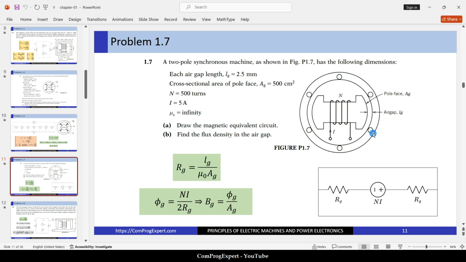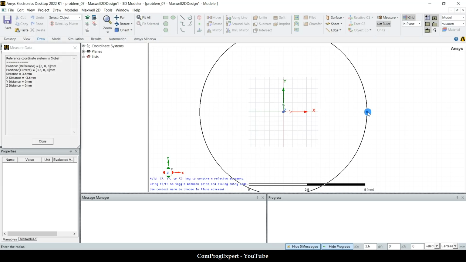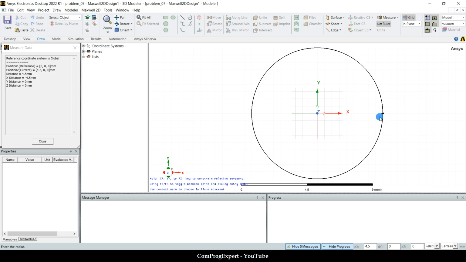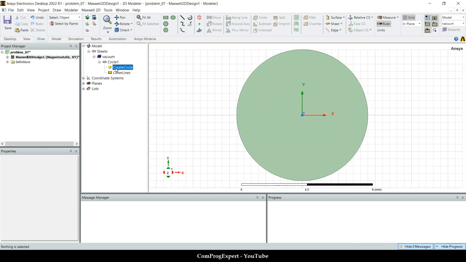Okay, here you can see the field winding is visualized here. So I can draw one circle first, like this. So the radius of this circle is important.